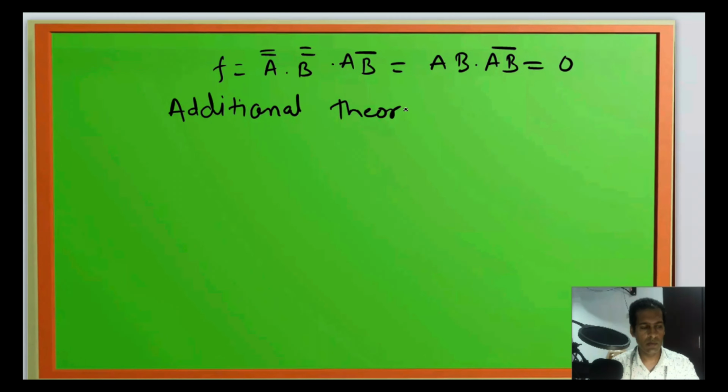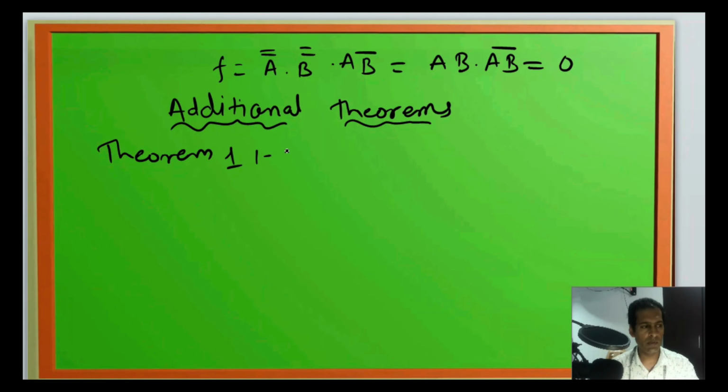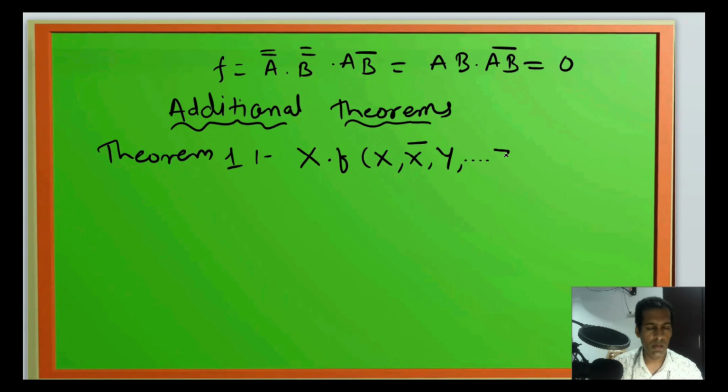Theorem 1 states that x into function f of x comma x bar comma y, and so on, maybe up to z, is equal to x into f of 1 comma 0 comma y comma up to some z.